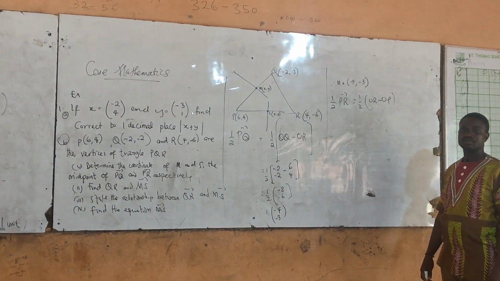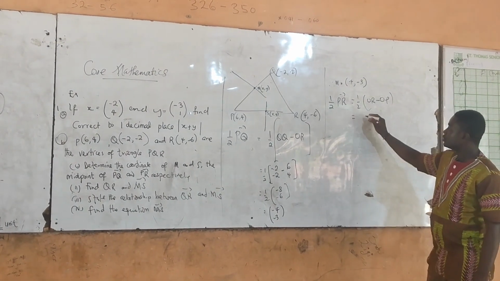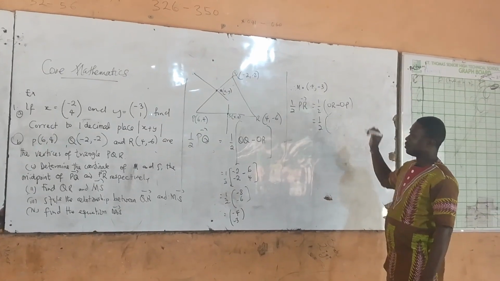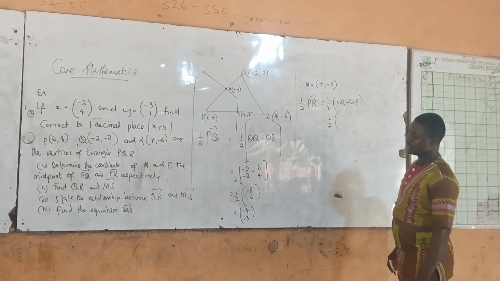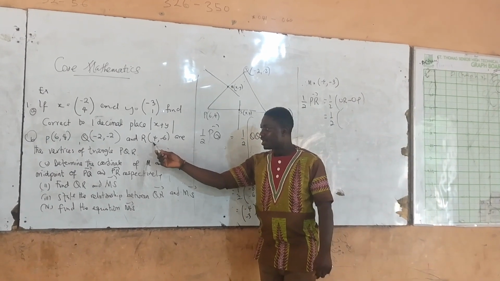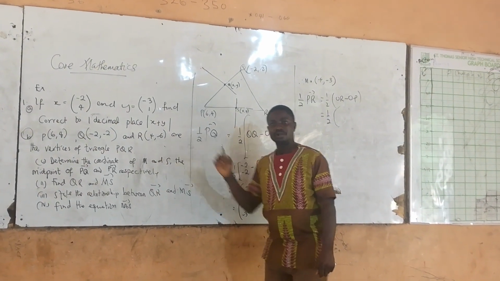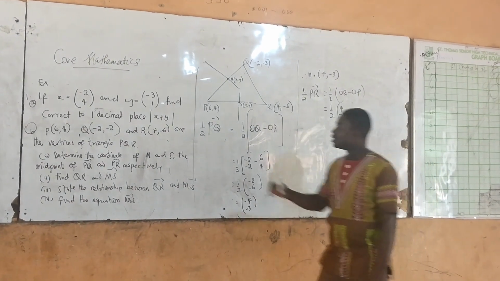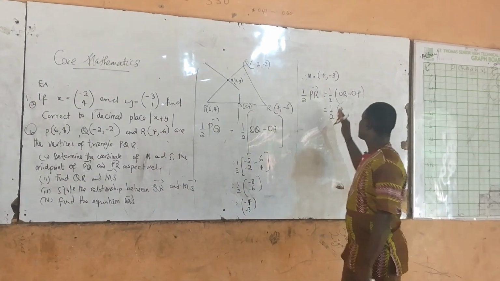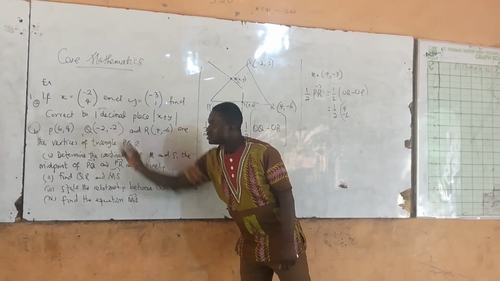That's the midpoint. So let's find the position vector OR. R is (4, -6), and then what is our P? (6, 4).